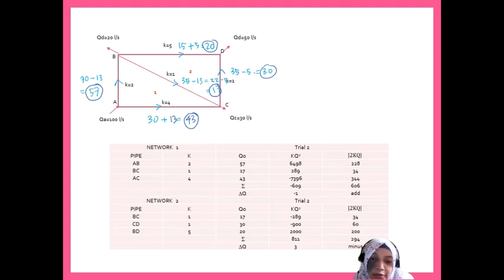Negative, so if it has clockwise, you have to add 1, but if it has opposite, you have to minus 1.